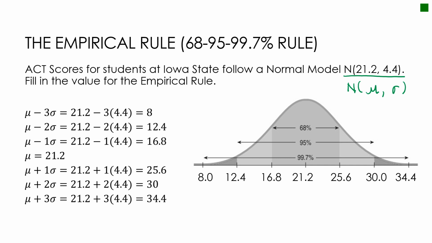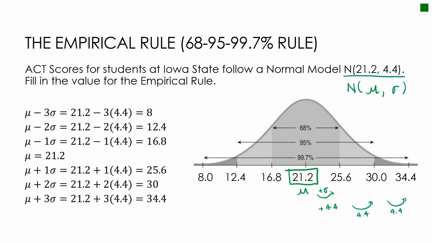And what I do is I start in the middle, and I place the mean in the middle, and then I add the standard deviation as I go to the right. So here I added 4.4 to get to 25.6. I added 4.4 again to get to 30. I added 4.4 again to get to 34.4.